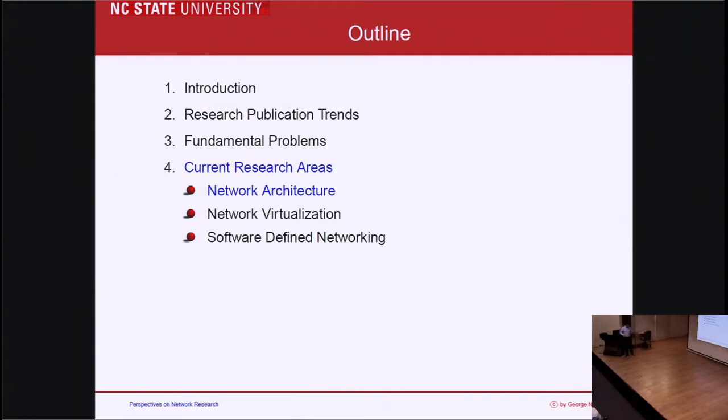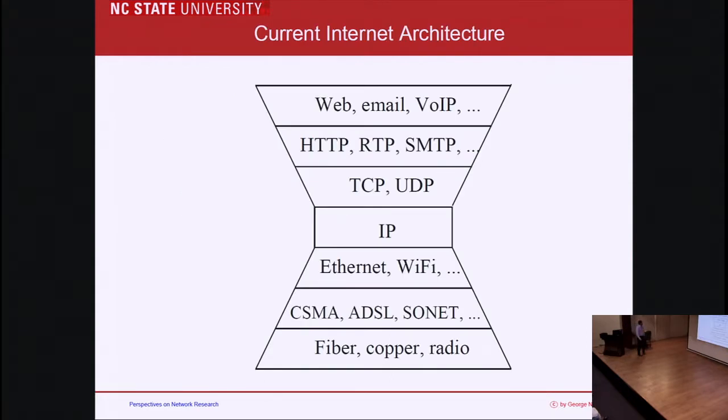All right. So, if you look at the current internet architecture, I told you there are a lot of FLAs and TLAs. Typically, what you have is this hourglass structure, and IP is in the middle. The idea is that everything runs over IP, and IP runs over everything.